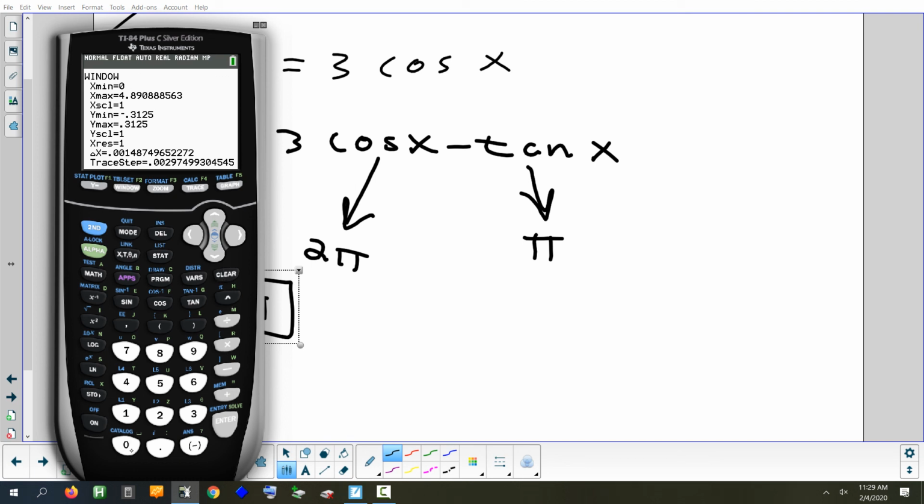Let's go 0 to 2 pi. Now, as Brianna said, tangent's going to go up and down forever, so we can try, like, I don't know, maybe -8 to 8, just to get an idea of what it looks like. But you're never going to see the top or the bottom. And then minus tangent x. Okay.